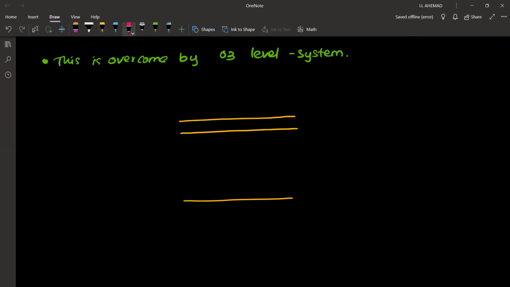So this is ground state E1, and this is energy state E2, and this is E3. And this we call the metastable state.